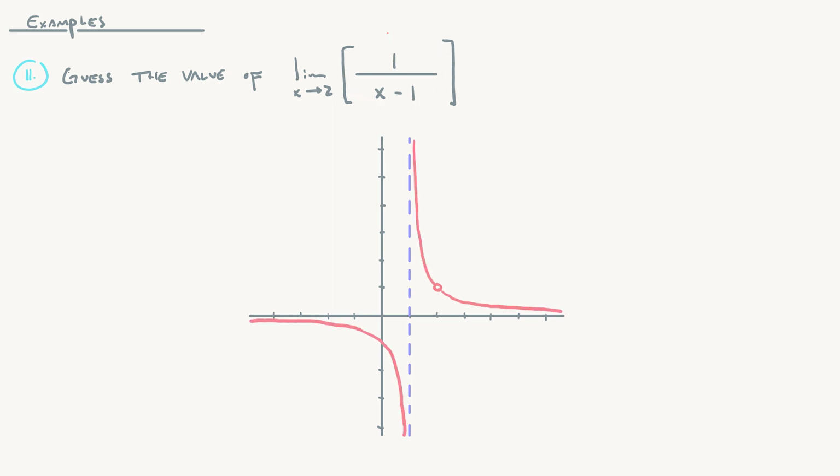And then I also know that this is never going to intersect its horizontal asymptote, which is y equals 0 in this case, because multiplying both sides by x minus 1 gives you 1 is equal to 0, which is definitely not true. That's a contradiction. So it never intersects its horizontal asymptote.